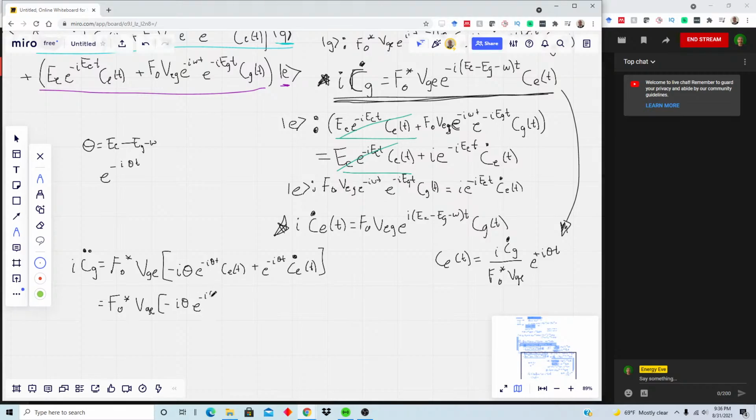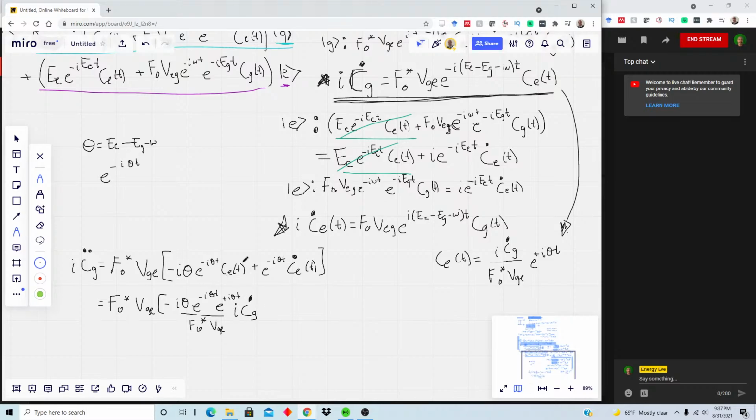e to the i theta t. When you plug this bad boy into here, ooh, neato. So we're actually gonna have these cancel out, because from here we get divided by this, and we get CG times i omega, but with a dot.